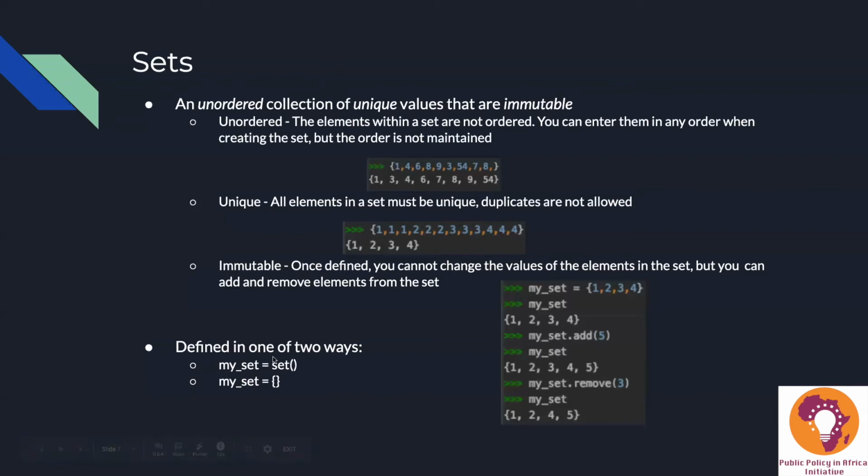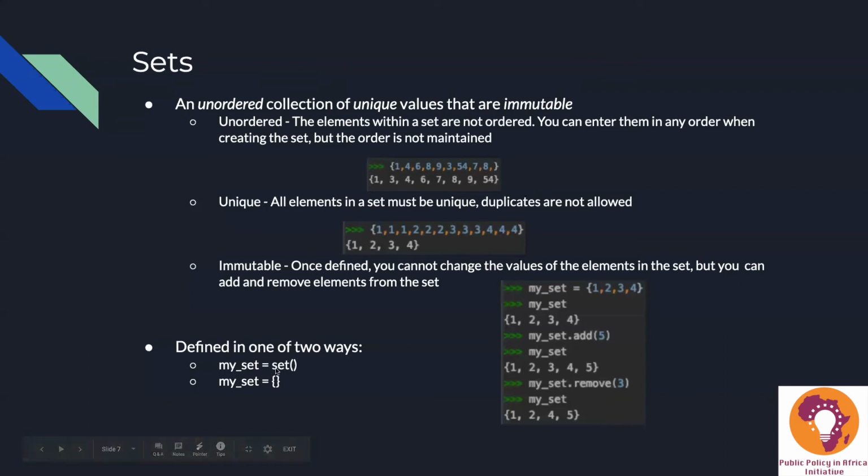As I mentioned already, you can define sets in one of 2 ways. You can define my set using the set constructor, which is basically the set function. This is like in our previous lecture when we saw the string function. Sorry, I said set method. I meant set function. A method is only when you have the dot and then the method there.